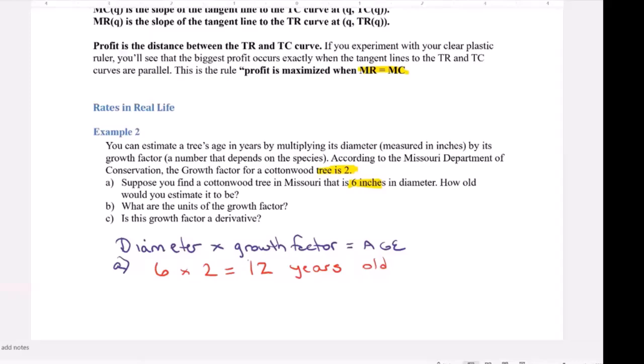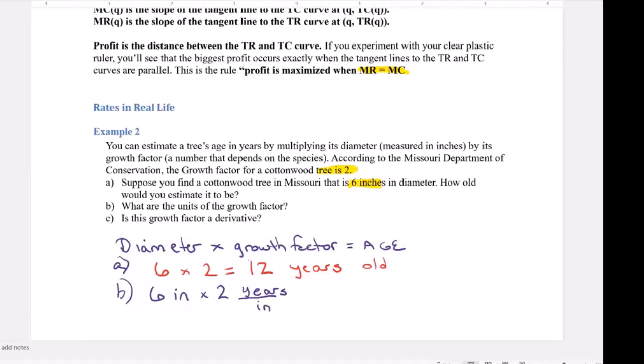Okay. B. What is the units of the growth factor? Well, if I know the diameter is 6 inches and I'm multiplying by 2 somethings, and I come up with years, I know this means that the growth factor is years per inch.